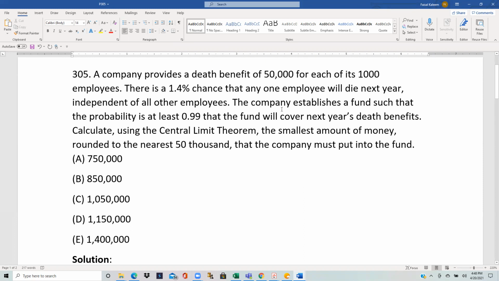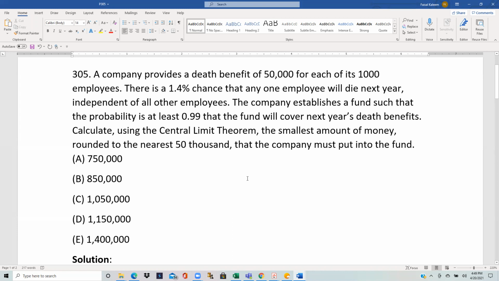The company establishes a fund such that the probability is at least 0.99 that the fund will cover next year's benefits. Calculate using central limit theorem the smallest amount of money rounded to the nearest 50,000 that the company must put into the fund.